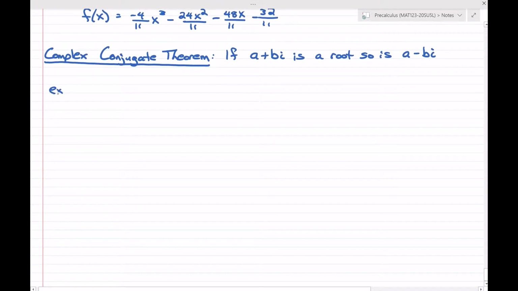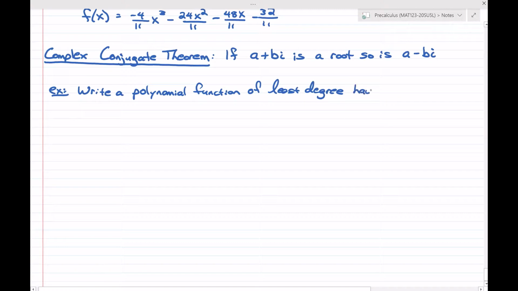So an example would be to write a polynomial function of least degree, that just means don't make up any more roots, having zeros 3 and 2 plus i.